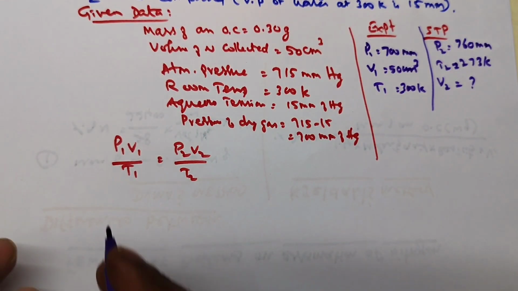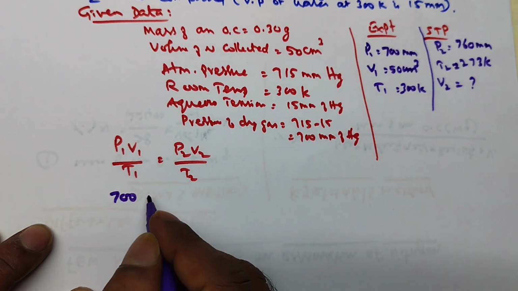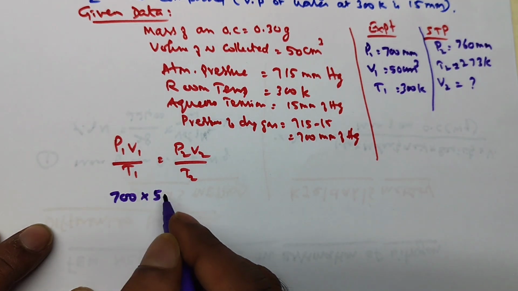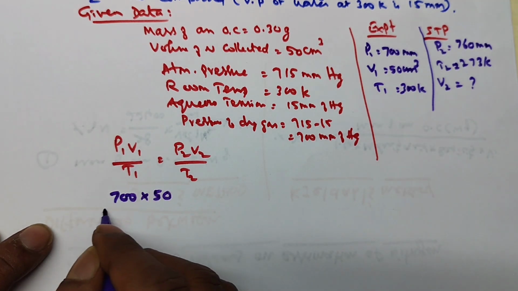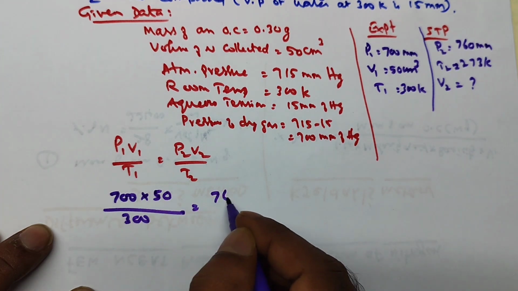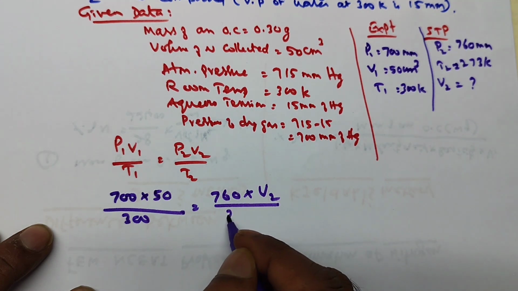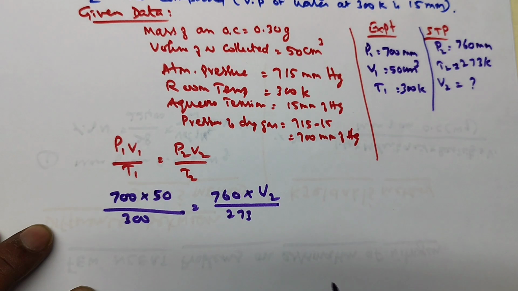Now we can substitute the values. P1 is 700 mm into V1, 50 centimeter cube, divided by 300 Kelvin is equal to 760 into V2, which we are going to find out, divided by the standard temperature 273 Kelvin.